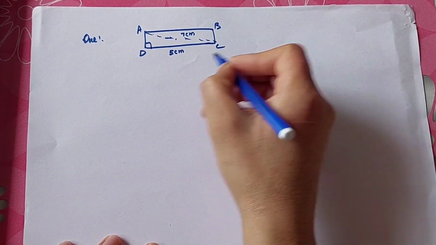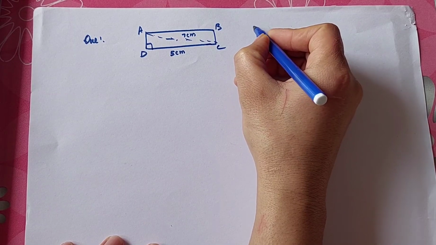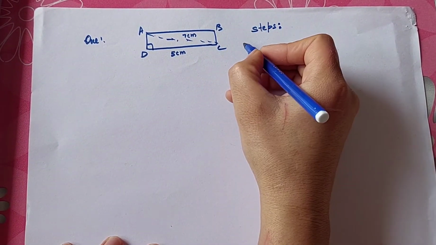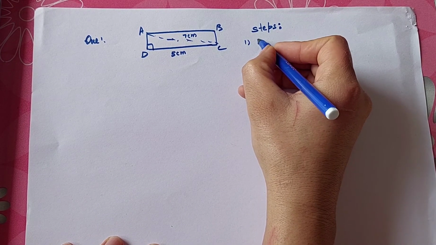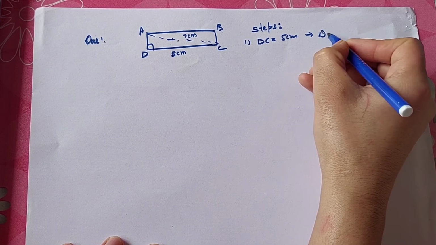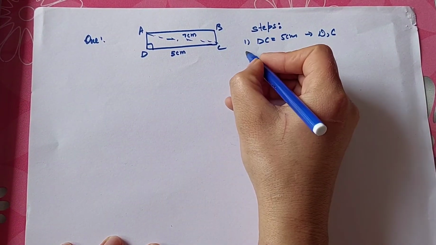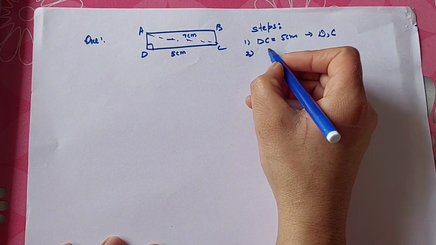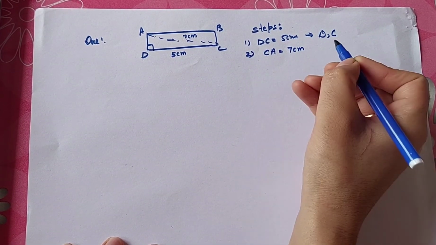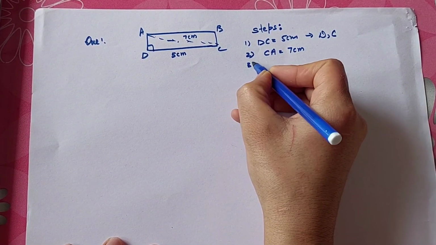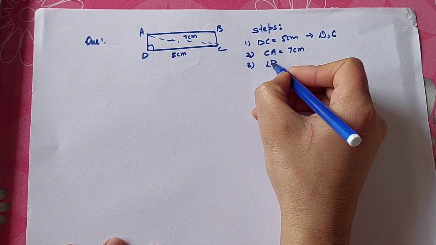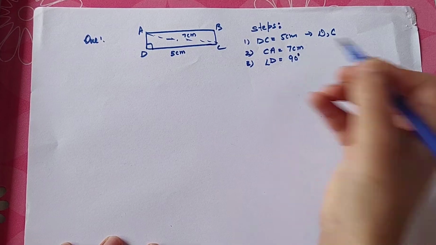Now, let's write down the steps side by side. So step 1, DC equals 5 centimeter, which will bring D and C in the scene. The second one is CA equals 7 centimeter, but this alone cannot help in finding A. So angle D equals 90 degree.